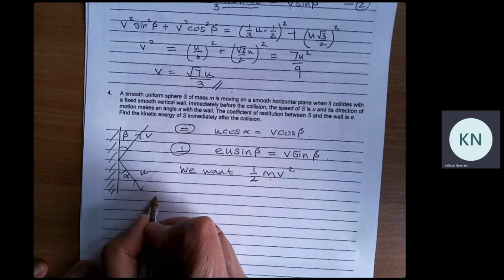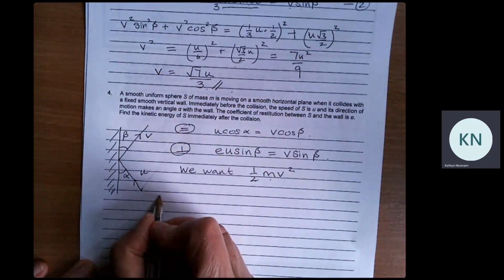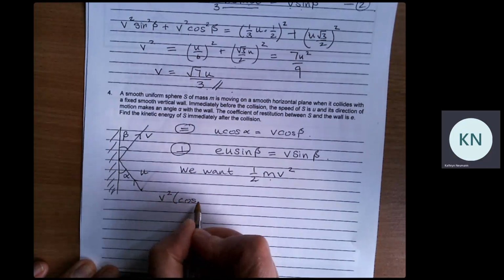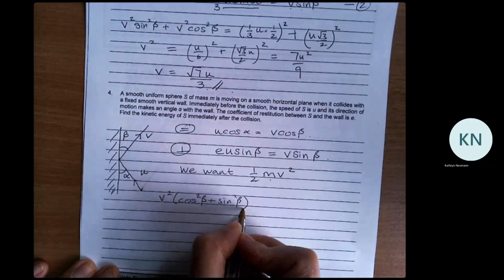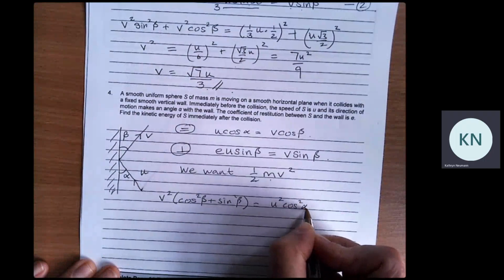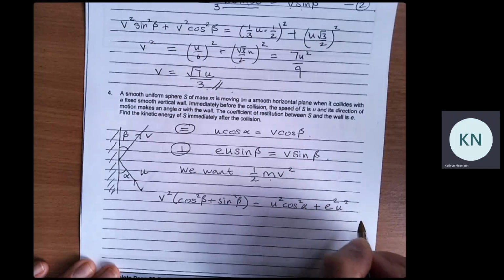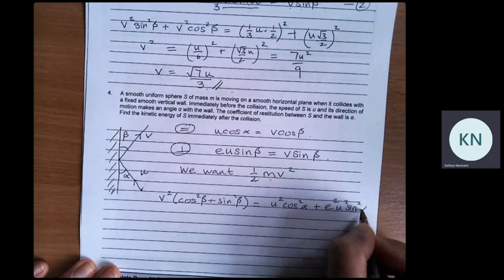So the kinetic energy, well, let's just work out V squared first of all. So I've got that V squared on cos squared beta plus sine squared beta is equal to U squared cos squared alpha plus E squared U squared sine squared alpha.